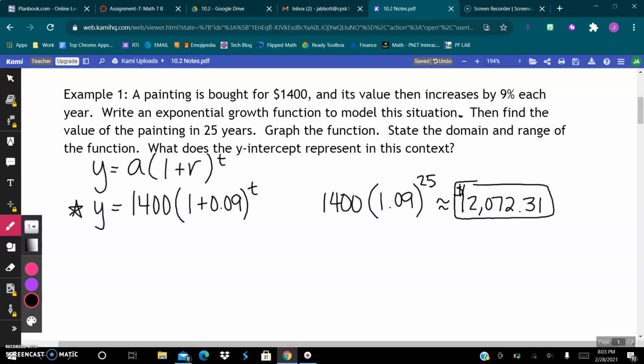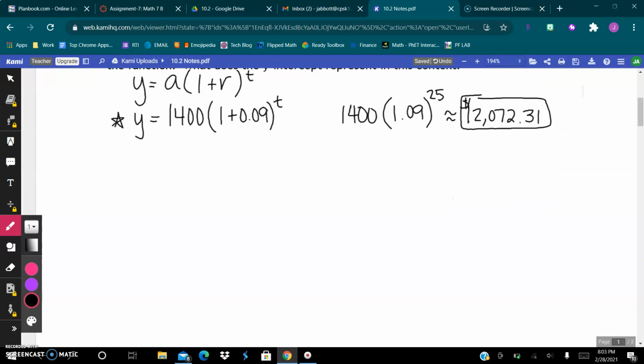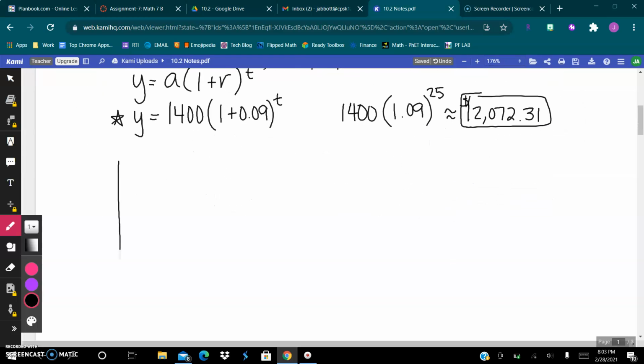Then they're asking us to graph this function. So I'm going to have to make a t-table here. Our y is our answer. X is really t, the number of years we're plugging in.